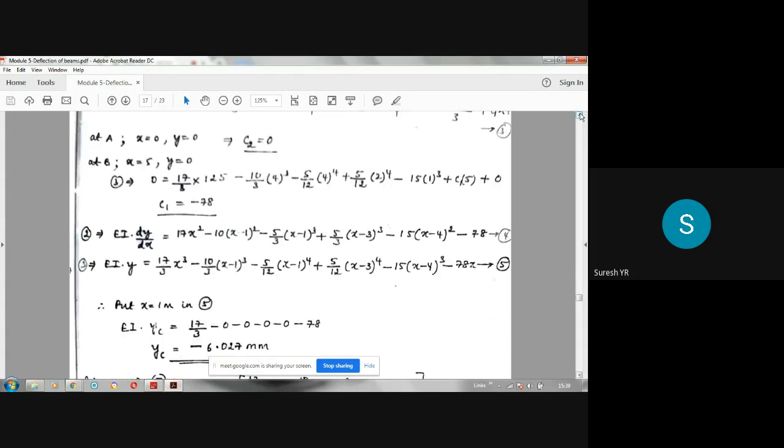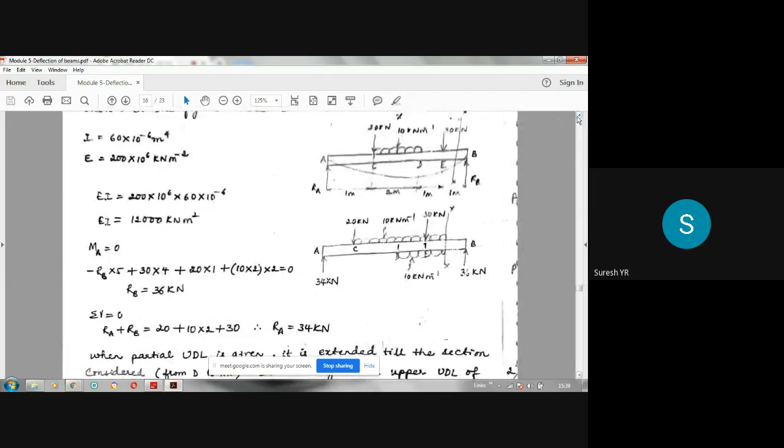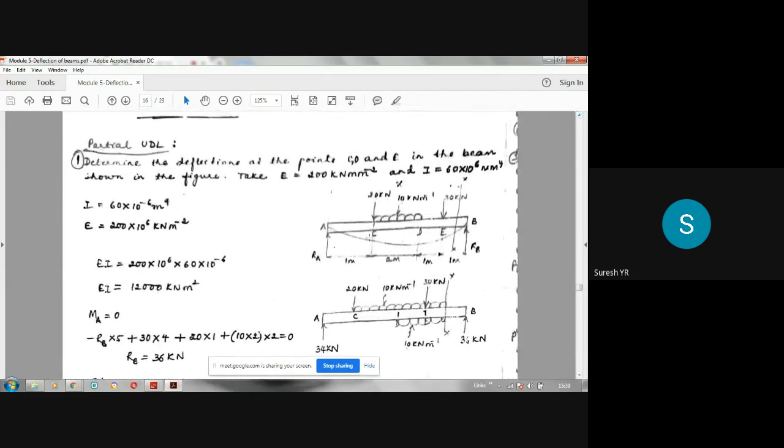Now, the deflection has been asked at which points? At C, D, and E. At C, x is equal to 1 meter. At D, x is equal to 3 meter. At E, x is equal to 4 meter.